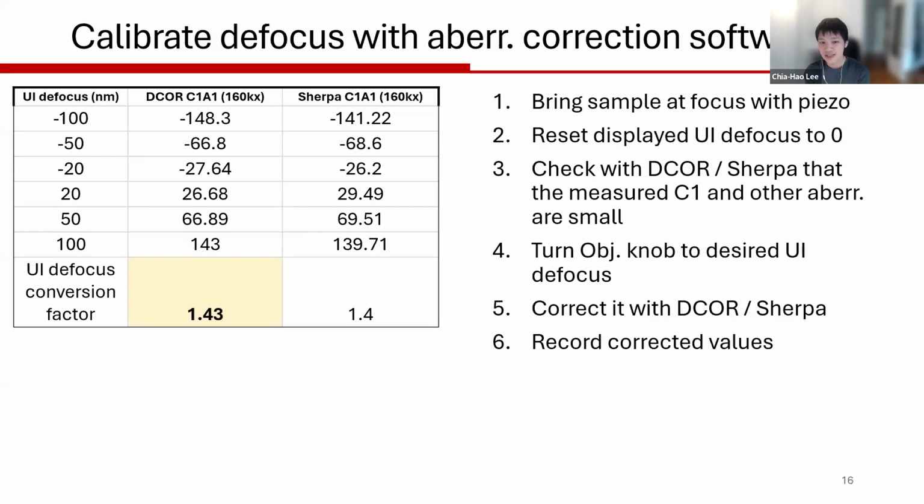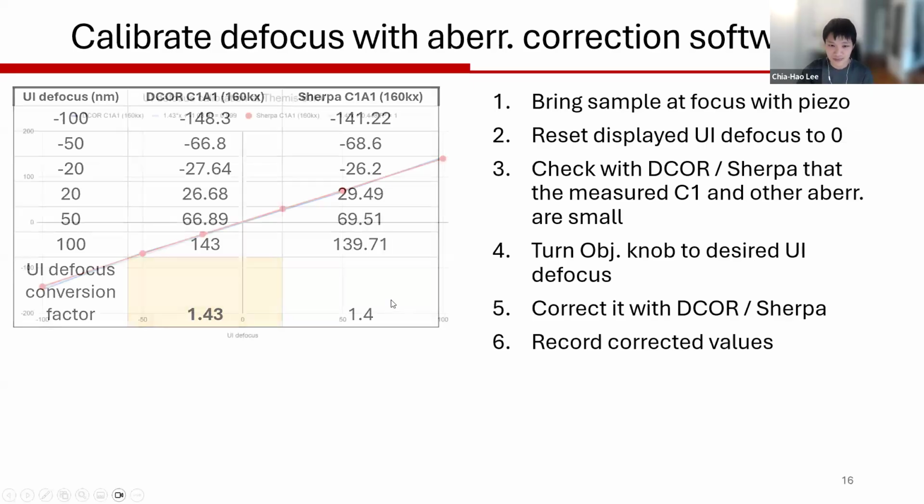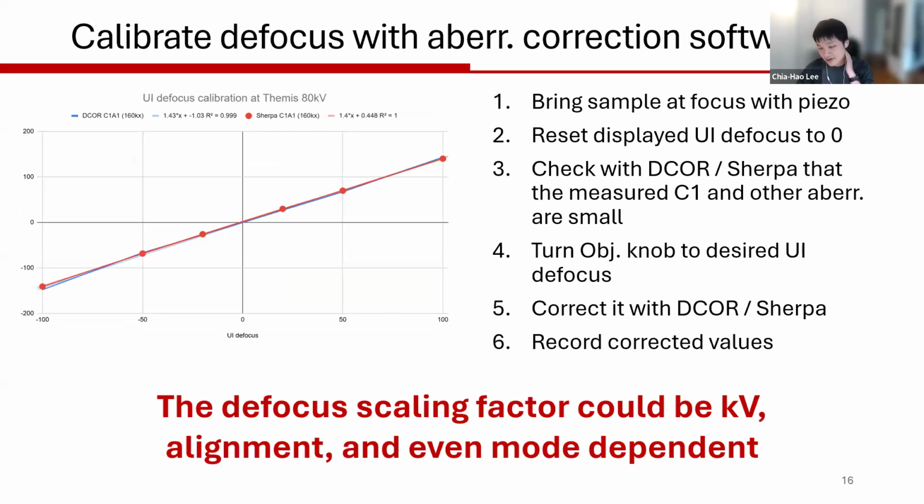By doing this, you will form a very nice straight line showing that yes, we do have a scaling factor between the displayed defocus value from your user interface and the actual defocus value based on the optics.